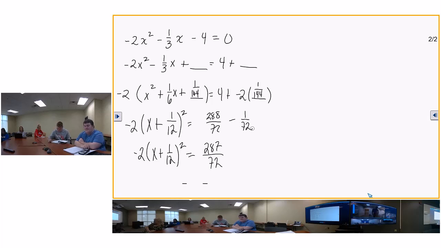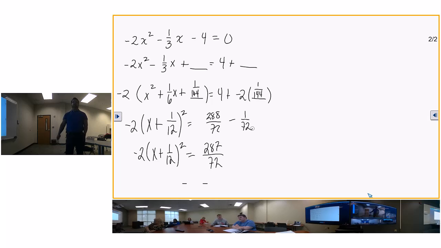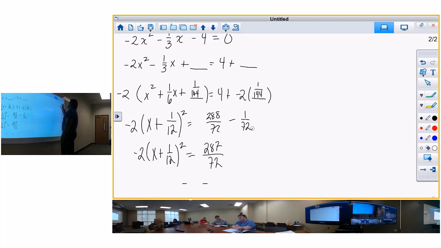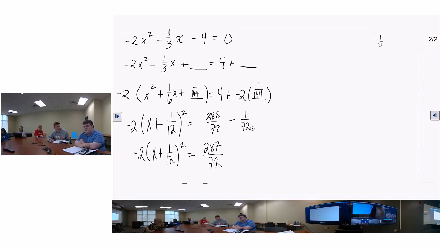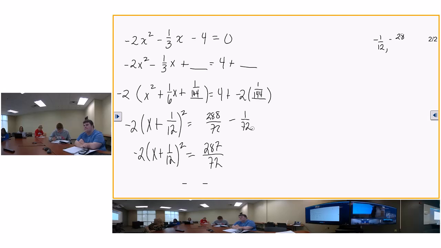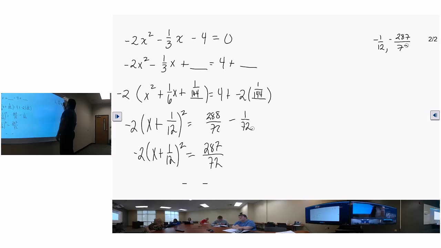Oh, what are we doing? Got 287. We're supposed to be solving the equation. I'm at negative 287. What's the vertex? Negative 1/12, negative 1/12, comma 287/72. Good job.